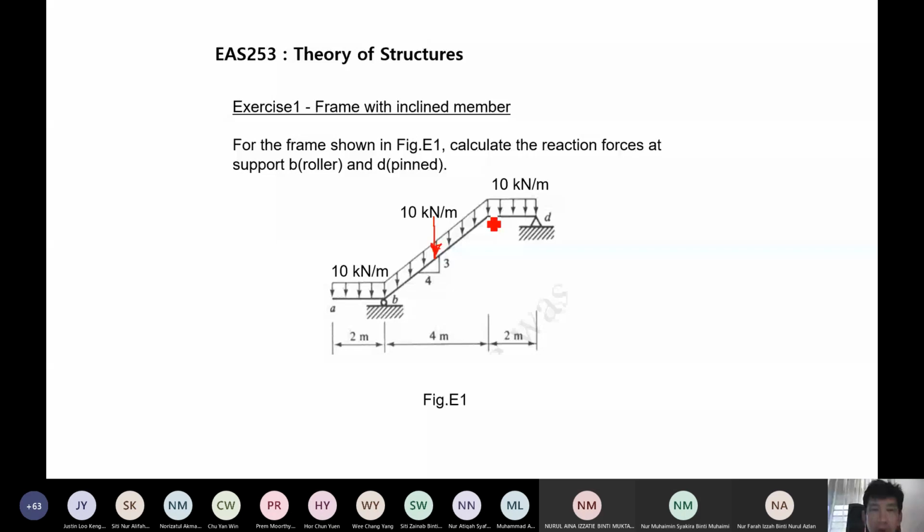You need to find this length here. How to find this length is given to you. If this is 4, this is 3. So here is exactly 4, and we know that this height is 3.